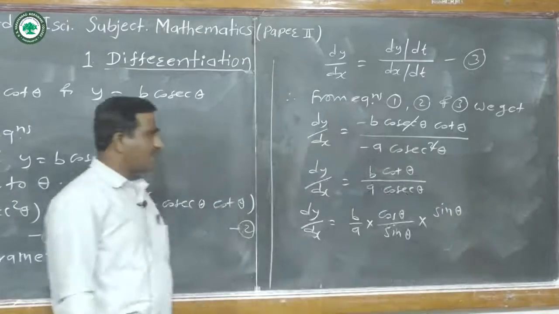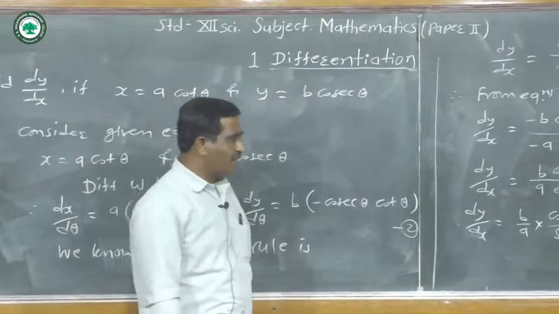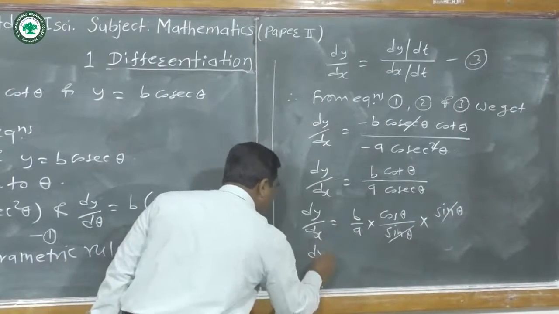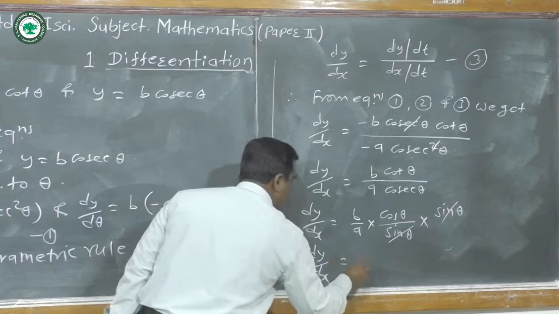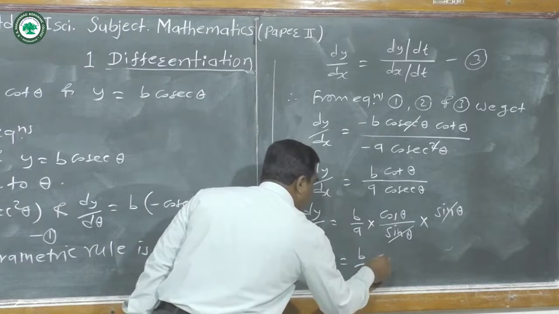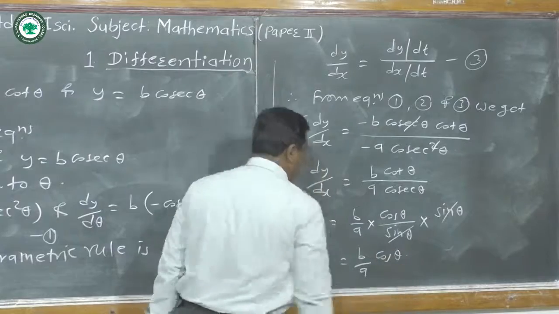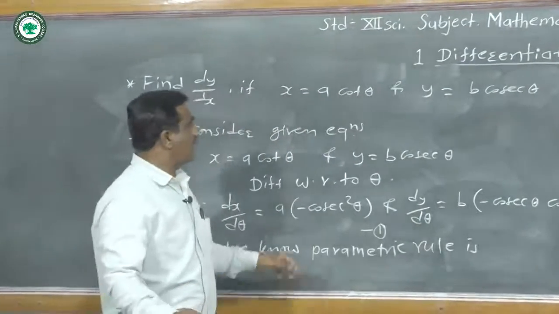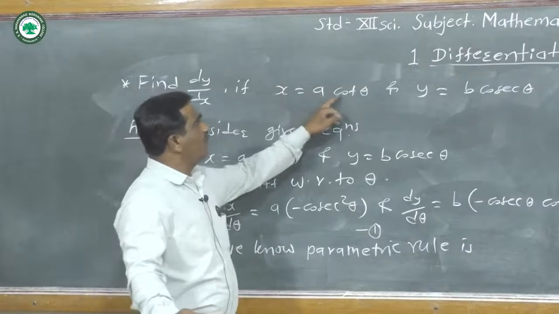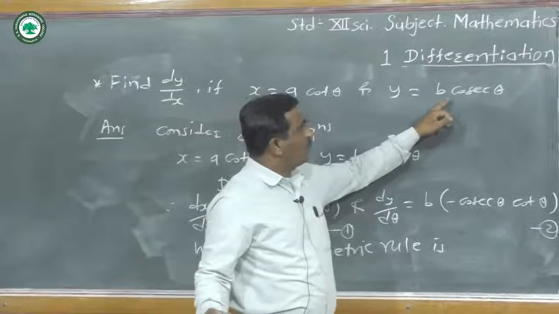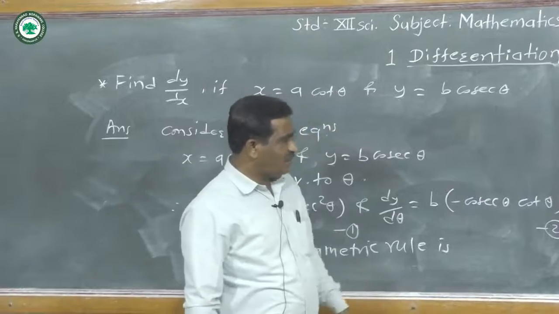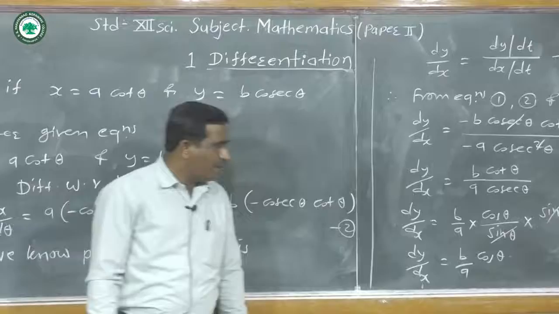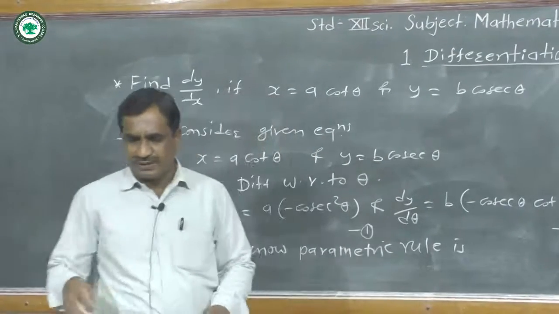Now this sin theta upon sin theta cancels, remains only dy upon dx equal to b upon a into cos theta. Now this is the value of dy by dx, the derivative of the parametric function x is equal to a cot theta and y is equal to b cosec theta. Dy by dx is equal to b upon a into cos theta.